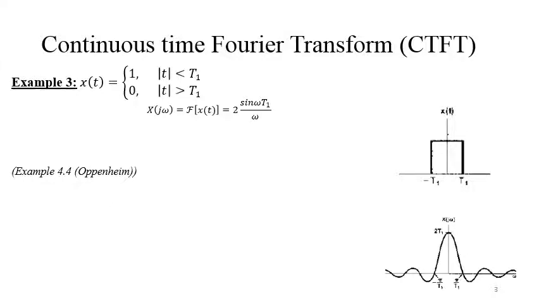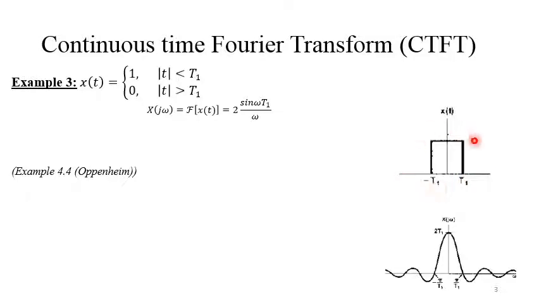So let's consider a pulse here. This is a pulse in the time domain that exists from -t1 up to t1. Before -t1 it is 0, and after t1 it is 0.